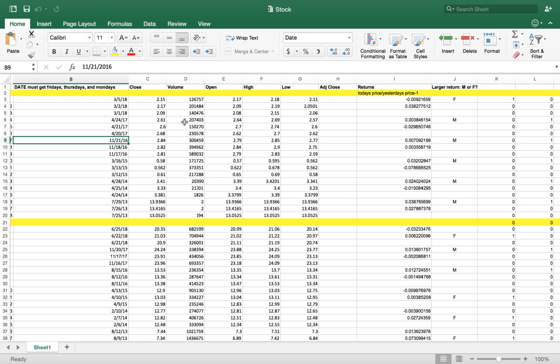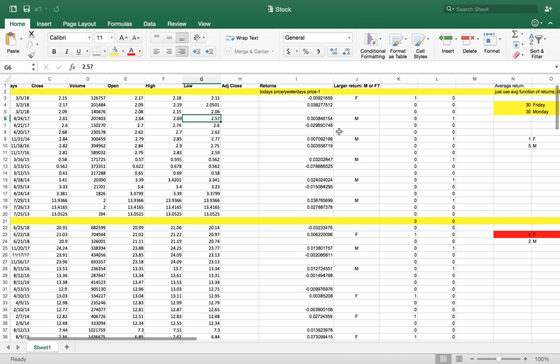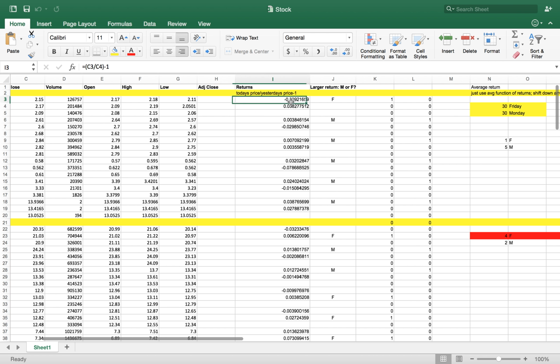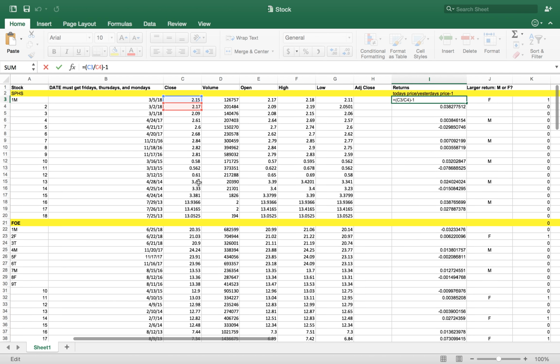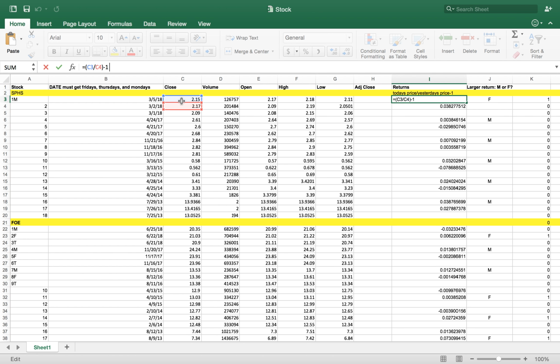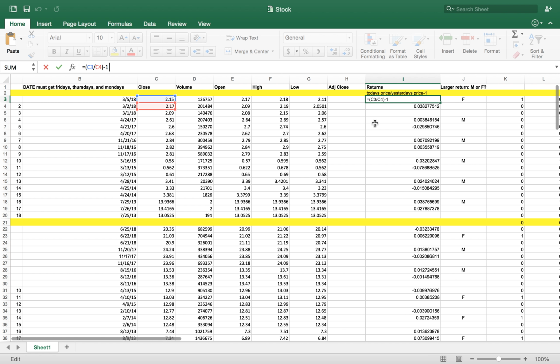I gathered the close, volume, open, high, and low data, and then I calculated the returns, which, as you can see, is the price today over the previous day's price minus 1.